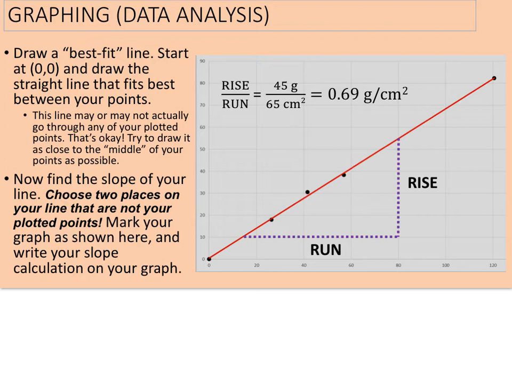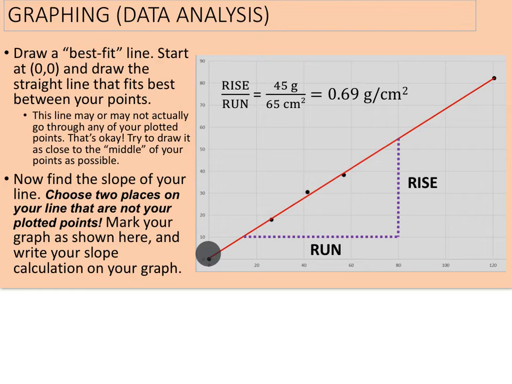Now that you have your points plotted, you have 4 points plotted on your graph, we're going to draw what's called a best fit line. A best fit line starts down at 0, 0, and it goes about in between all of your points. So this line might not actually touch any of your 4 plotted points, and that's okay.